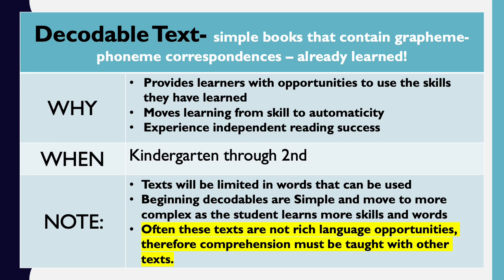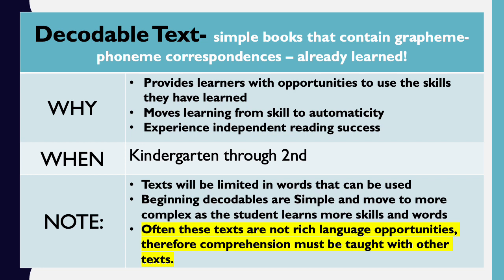So decodable texts are simple books that contain grapheme-phoneme correspondences that students have already learned. They provide learners with opportunities to use, or like I said in the previous slide, apply the skills they've learned. It moves the learning from skill to automaticity.